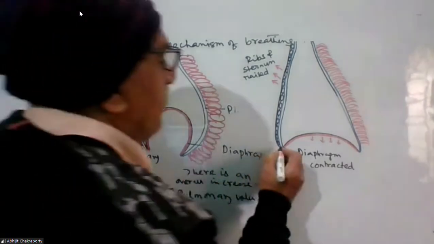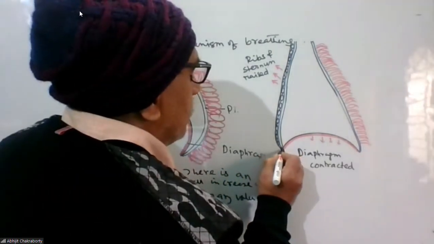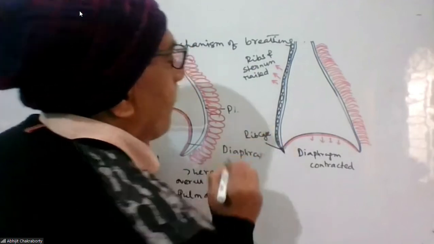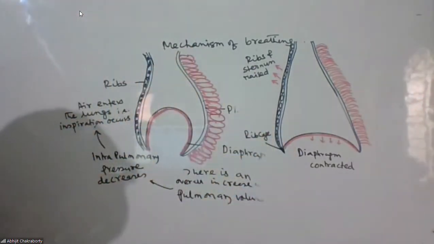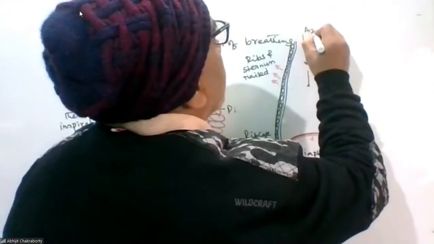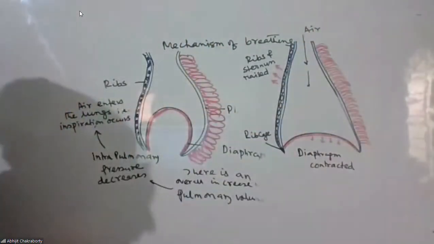You know, this is the rib cage actually. So inspiration takes place. And what happens? Air enters the lungs.